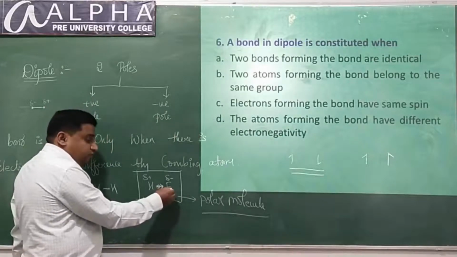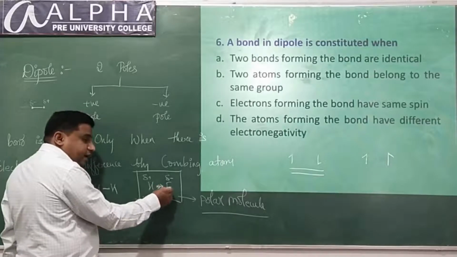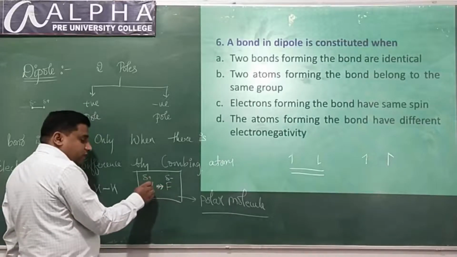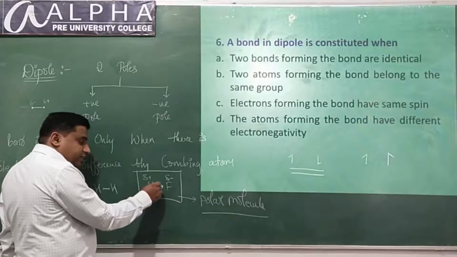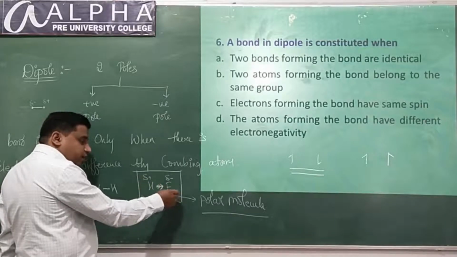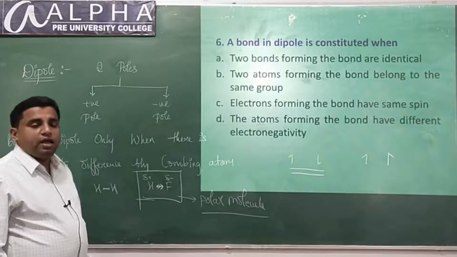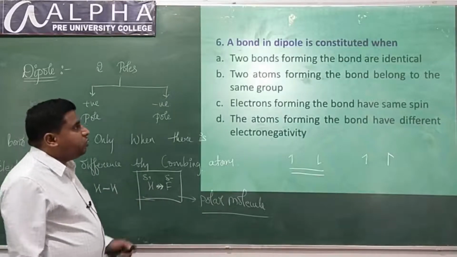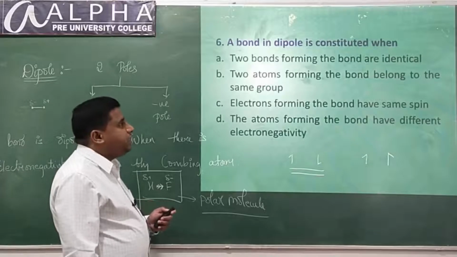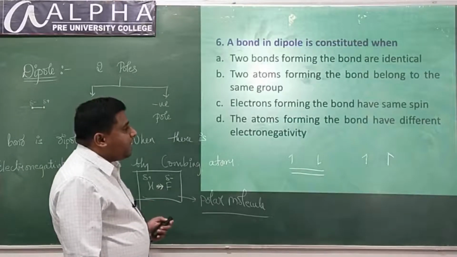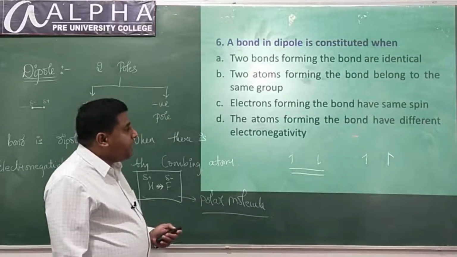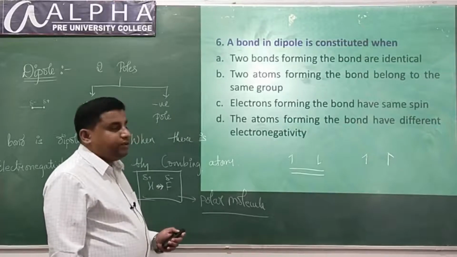Just because the electronegativity of fluorine is different from that of hydrogen, the shared pair of electrons is towards fluorine, hence fluorine gets partial negative charge and hydrogen gets partial positive charge. So a bond dipole is constituted when the atoms forming the bond have different electronegativity.